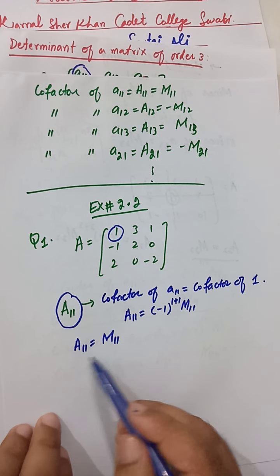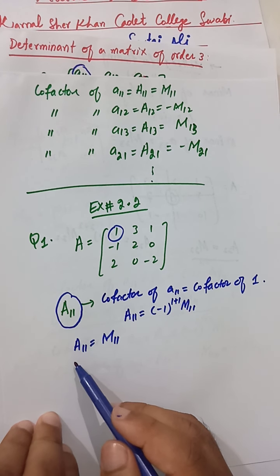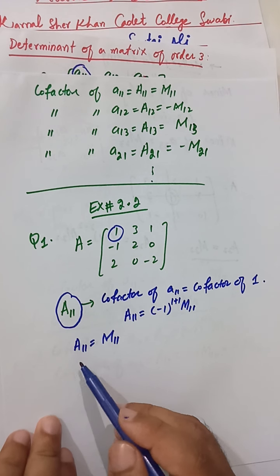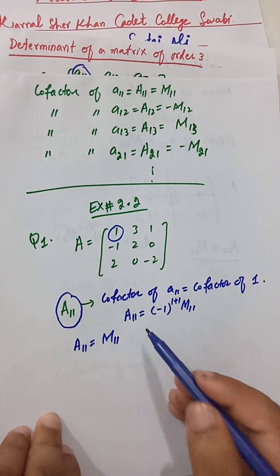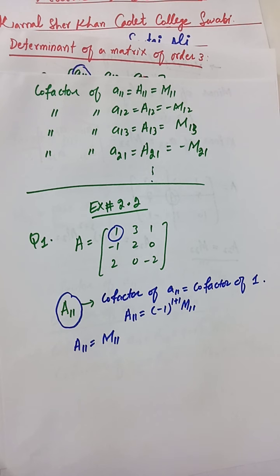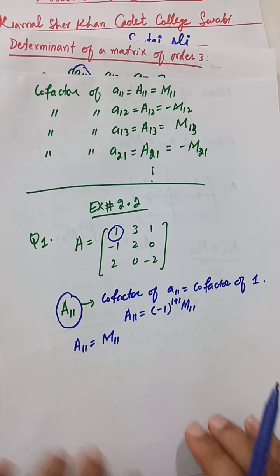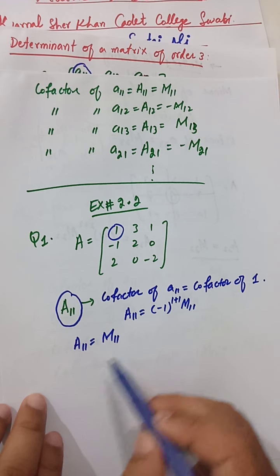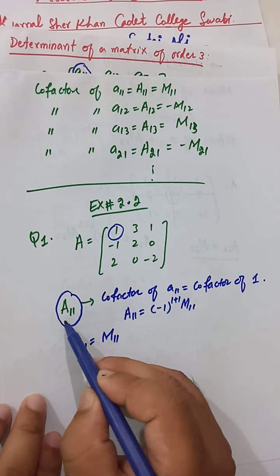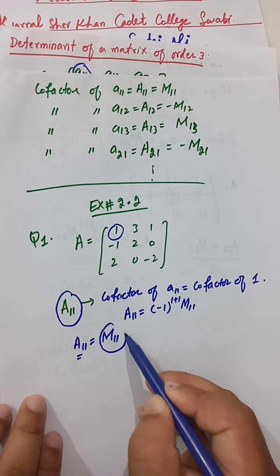That's why, when the subscript addition is even, we consider that the cofactor will be equal to the minor. This is also an important point for the exam: when the cofactor is equal to the minor, and when the cofactor is equal to minus the minor. So for finding A11 we need to find M11.